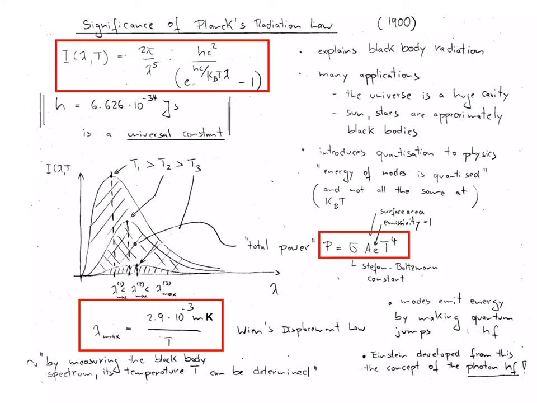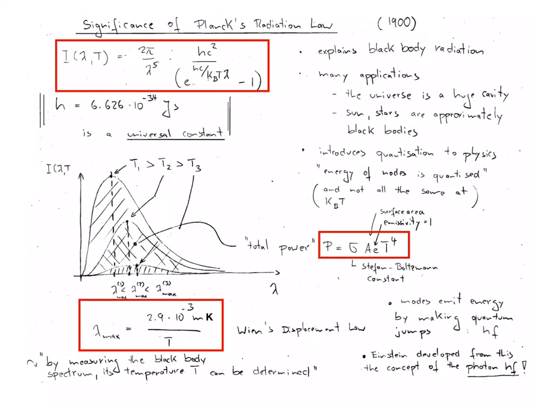Fundamentally, the radiation law introduces quantization to physics. This is because it contains the Planck action quantum h equals 6.626 times 10 to the minus 34 joule seconds as a universal constant, which is the most important physical constant of microscopic physics, of quantum physics.